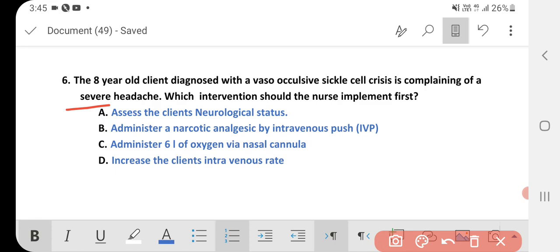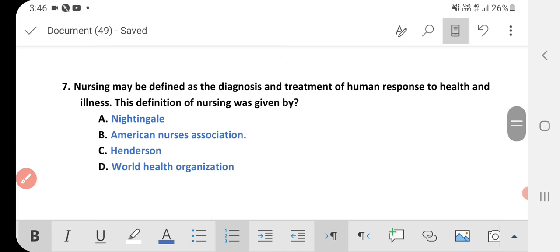A, assess the client's neurological status; B, administer a narcotic analgesic via intravenous; C, administer 6 liters of oxygen via nasal cannula; D, increase the client's intravenous rate. So which option is correct? A, assess the client's neurological status. First, assess the client's neurological status.